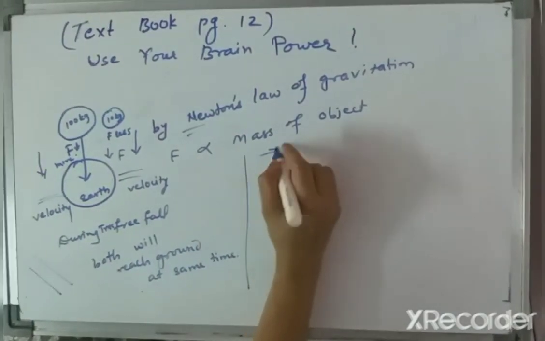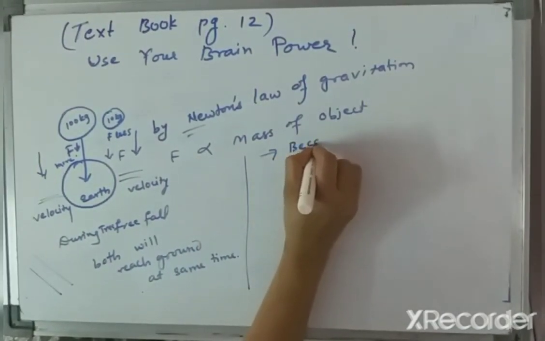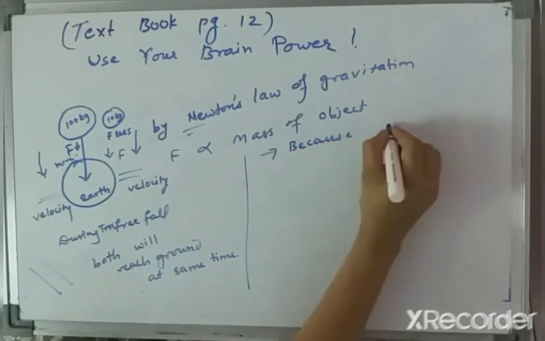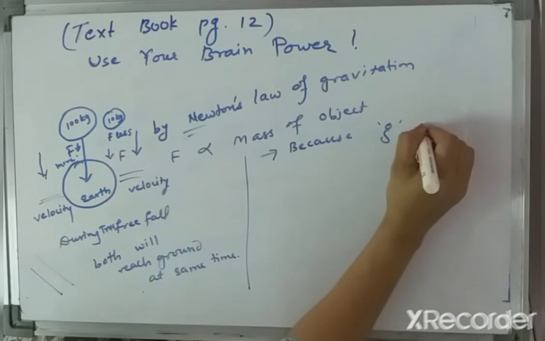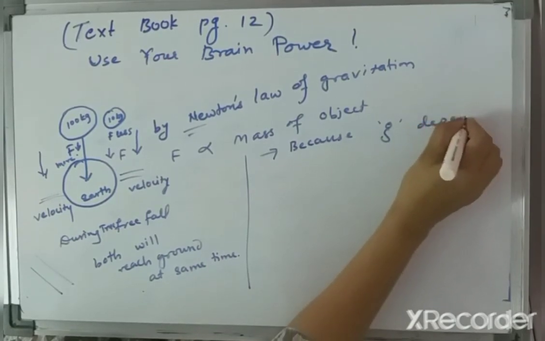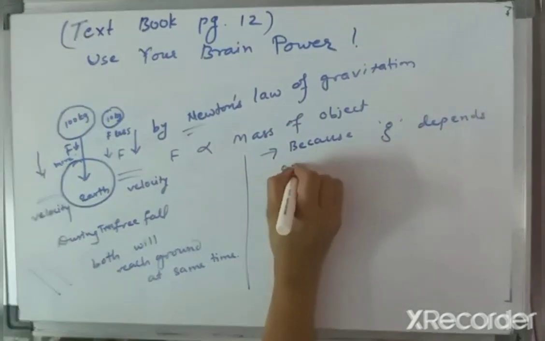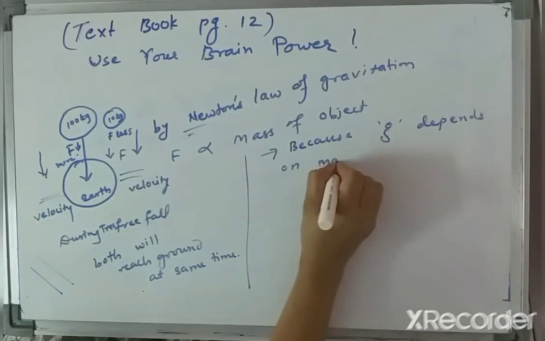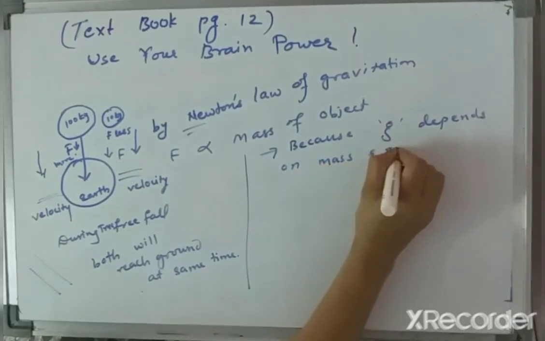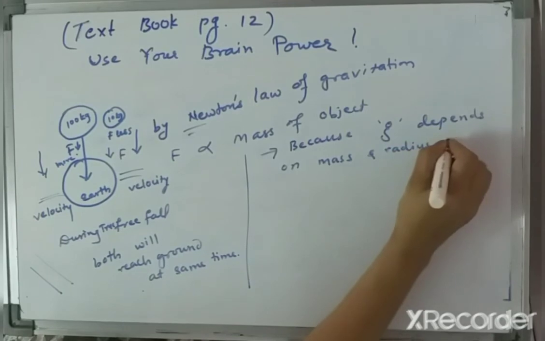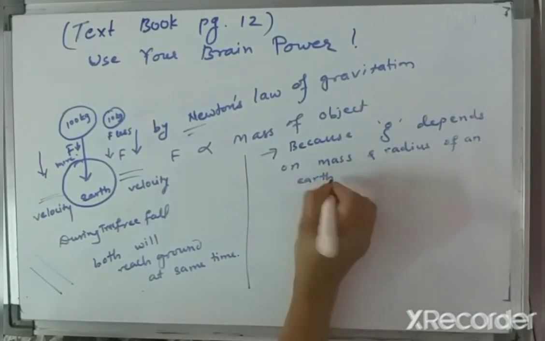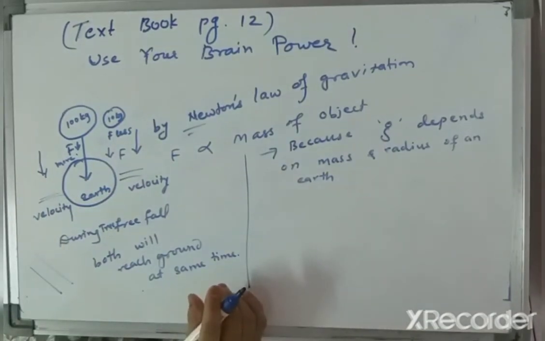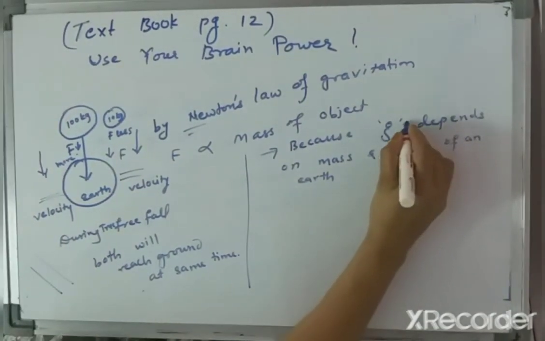This is so because acceleration due to gravity depends on the mass and radius of the earth or the planet on which those objects are. This is the first reason.